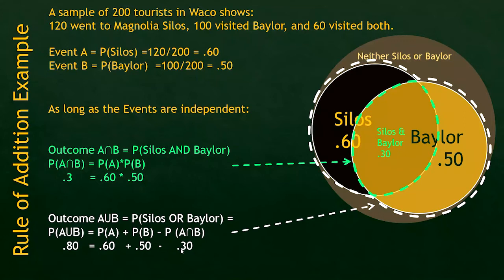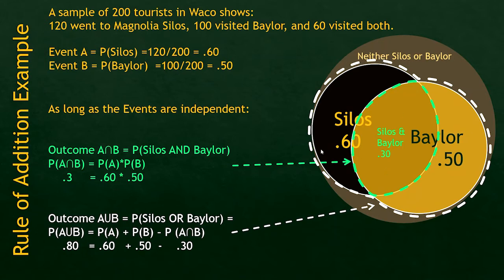So the probability of them going to the silos or Baylor is 80%. But notice here, it is 80%, which means that there is the probability of them going to neither the silos nor Baylor. So that means that 80% are in this white circle thing here.